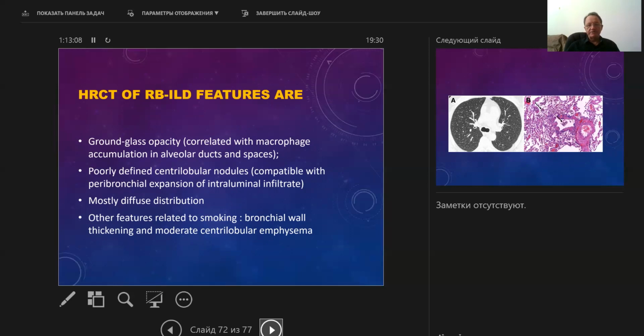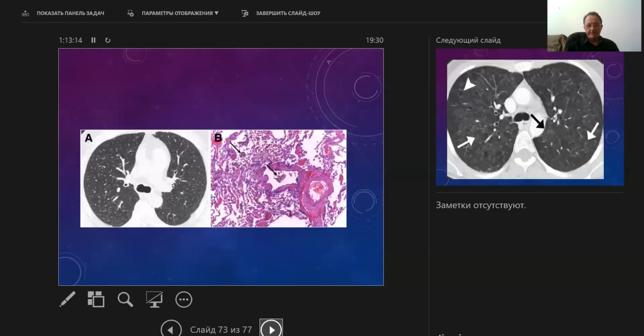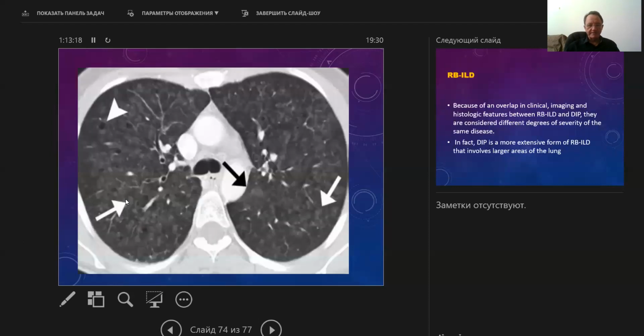Other features related to smoking: bronchial wall thickening and moderate centrilobular emphysema. In this slide, you can see much better the centrilobular nodules, maybe cysts, ground glass opacity.